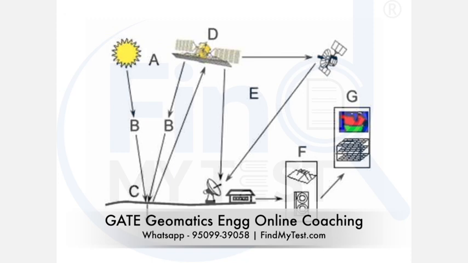I'll just explain this process in short. A is the source of energy, that is the sun. The sun emits electromagnetic radiation, that is EMR. It travels in the form of waves or particles through the atmosphere. B is the atmosphere.